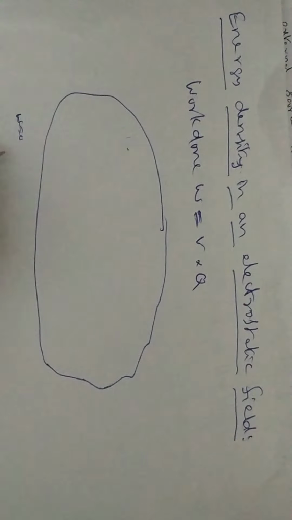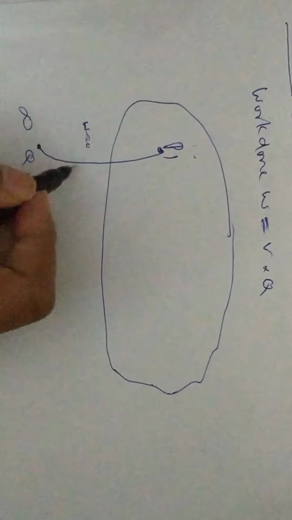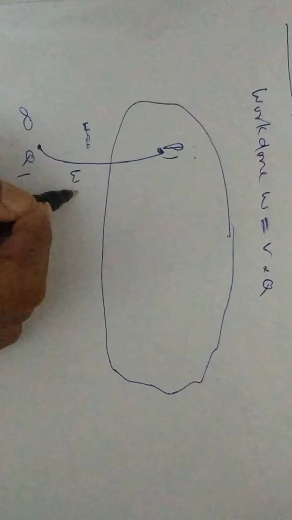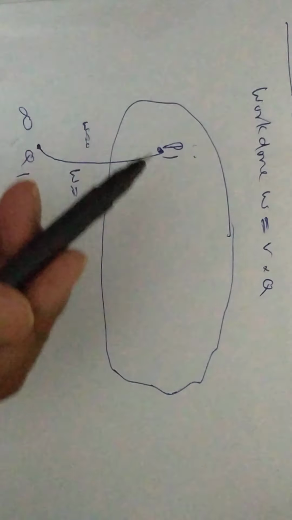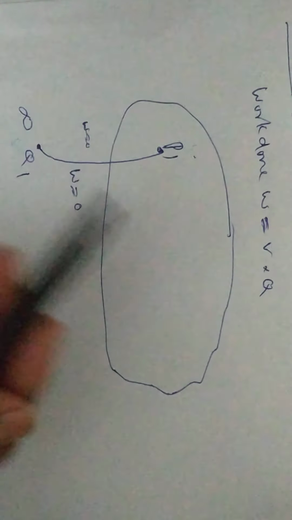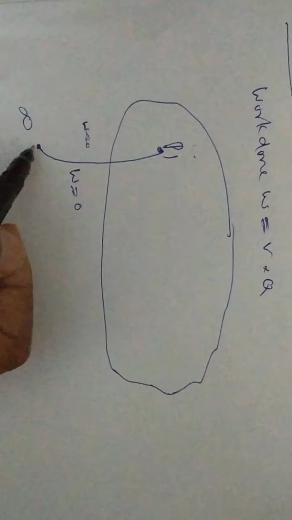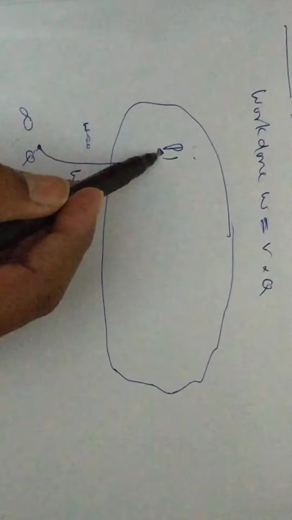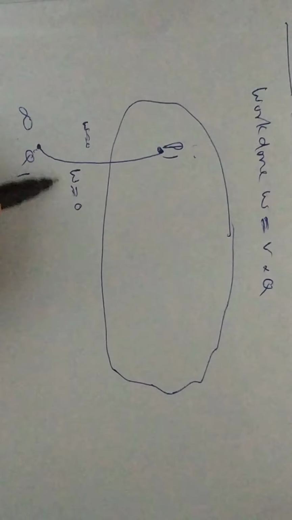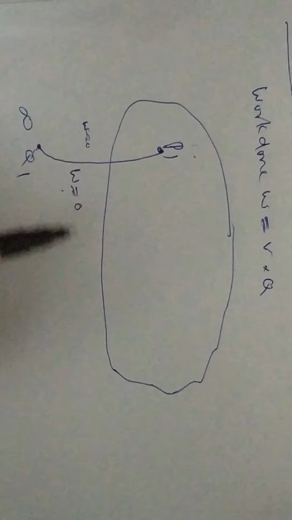If it is moved to this free space, at point P1, then there won't be any work done at all for this. Why? Because there is no field present in this, it is completely empty space. Therefore work done by this charge for moving from infinity point to the required point P1 is 0 only. Work done, that is 0.